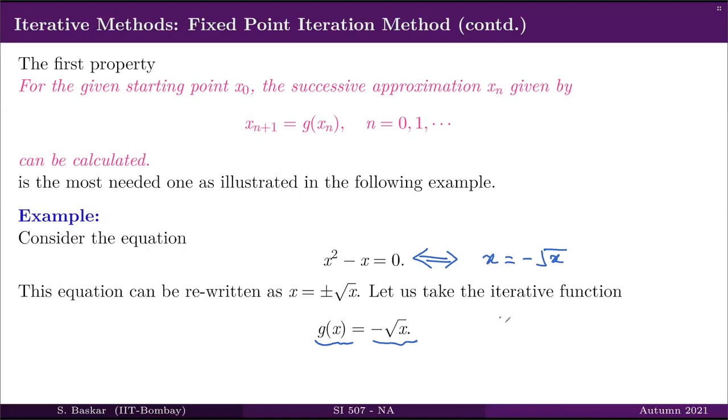Well, suppose I take x naught equal to 1, then my x1 will be minus root 1, which is minus 1, and then my x2 will be minus root minus 1, which is not a real number, right? Therefore, this is trivially a bad choice for my iterative function.